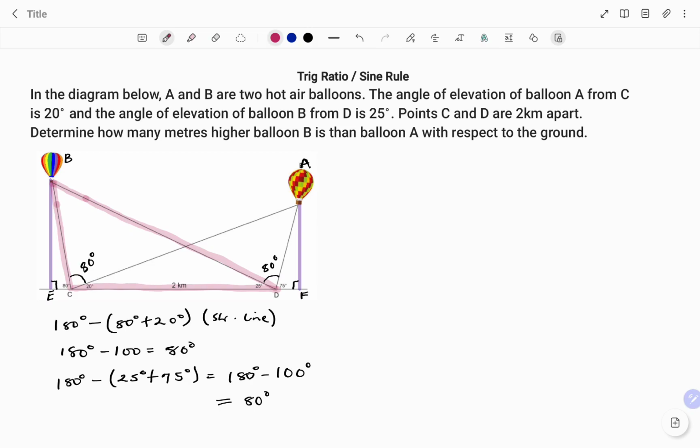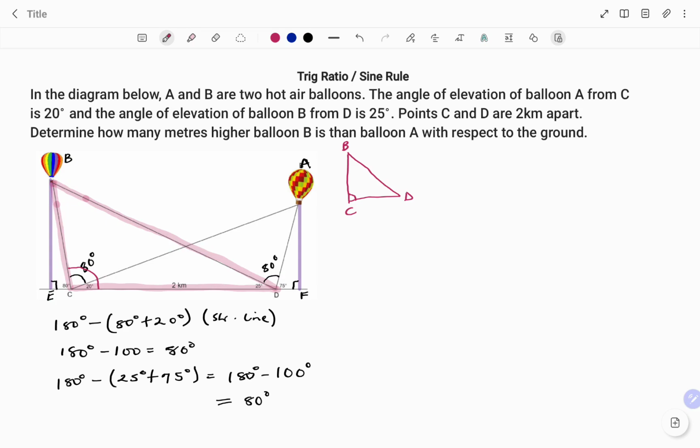So using the triangle BCD, I'm going to draw a rough sketch here. I have my D, I have my B, now that's my C, I have C and B at the top. I have this angle, that's the total angle here as shown in the diagram.